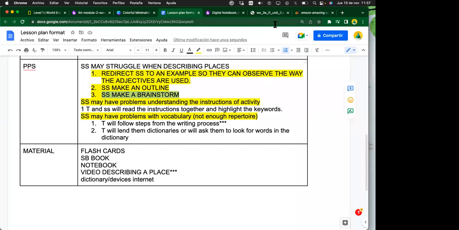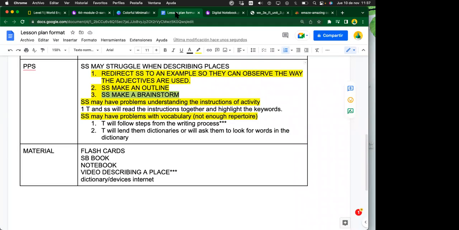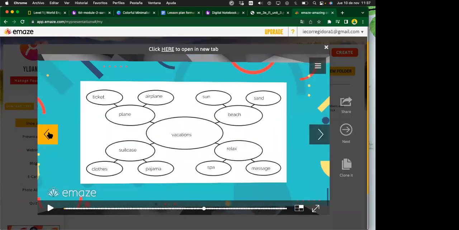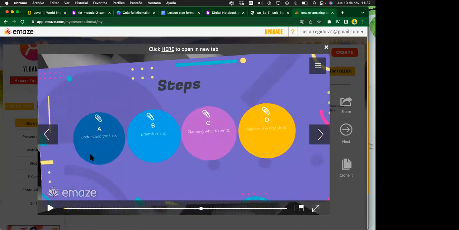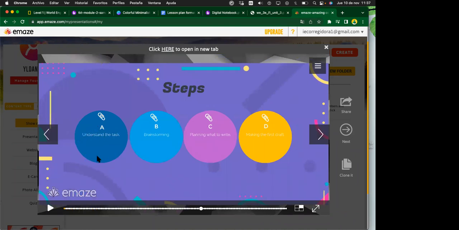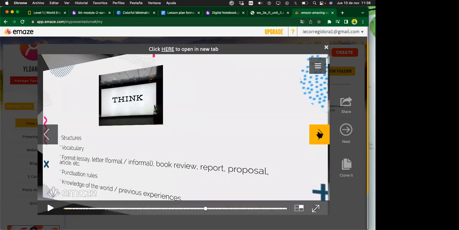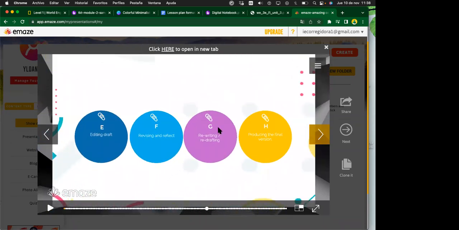So now you can see that this theory is landed here and is going to be useful. Entonces, in how many stages I'm going to divide my lesson? I need the leading, that is understanding the task, brainstorming, planning, making the draft, self-evaluation, and correcting or redirecting, and producing the final version.